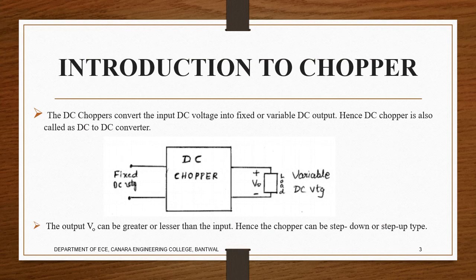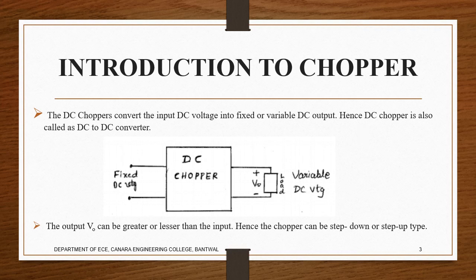Before introducing, we need to know what we mean by chopper. Here a chopper usually converts the input DC voltage into a fixed or variable DC output. So whatever we are giving to the DC chopper circuit as a fixed DC voltage, we can change to a variable DC voltage.